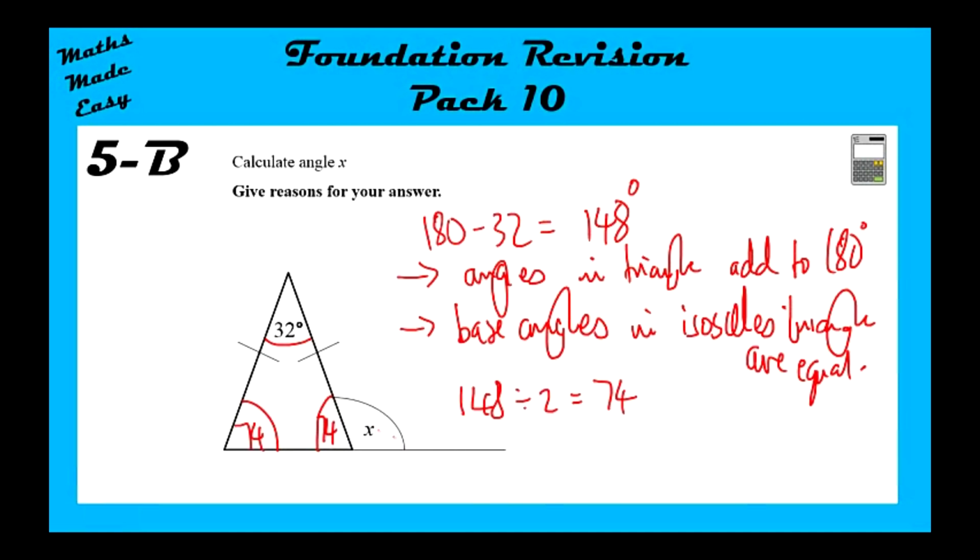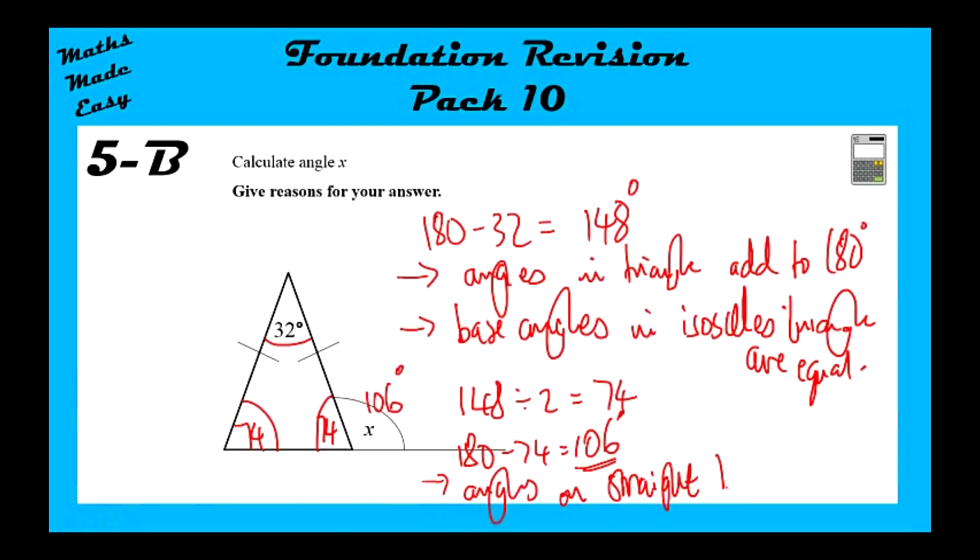Now we're almost there. The last thing to do is 180 take 74, which equals 106, which gives us the answer to x. X is now 106. And the reason for that is that angles on a straight line add to 180 degrees.